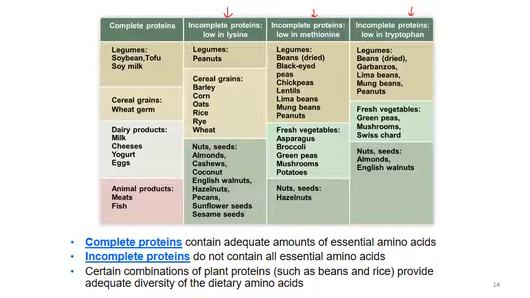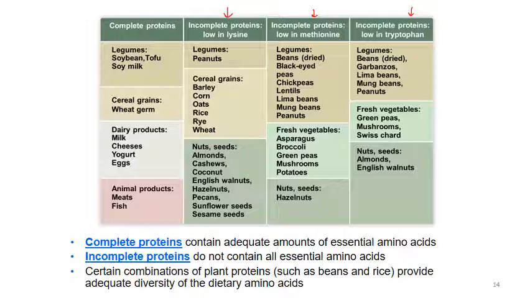So it's saying that if you're a vegetarian and you only eat legumes, cereal grains, these are not going to have as much lysine. Versus in these other foods, these are missing methionine. And then the last column shows the foods that are missing tryptophan.